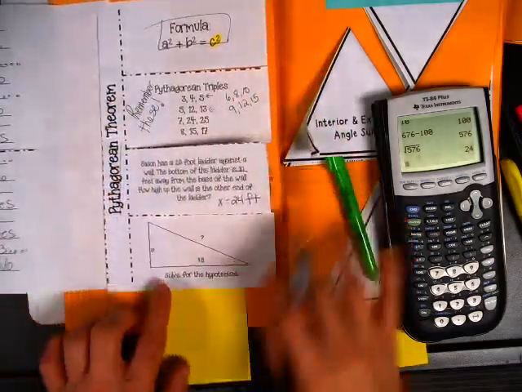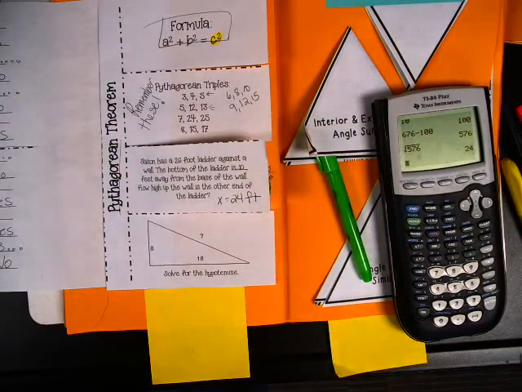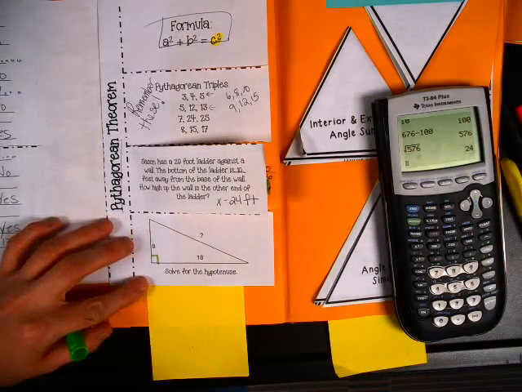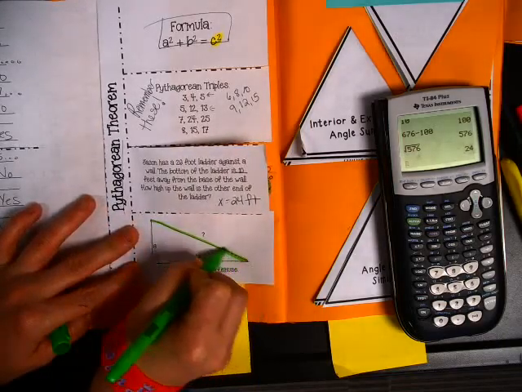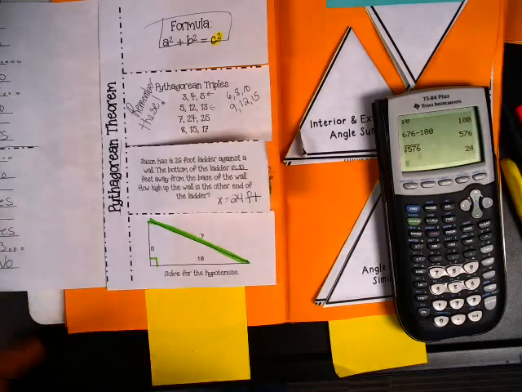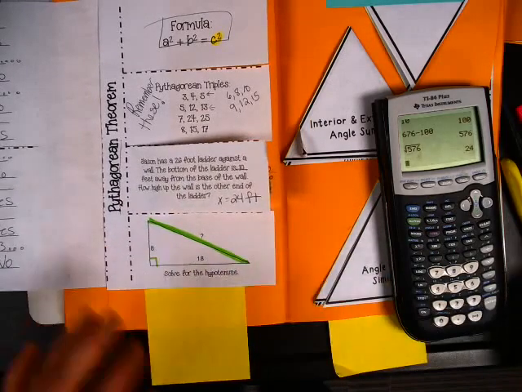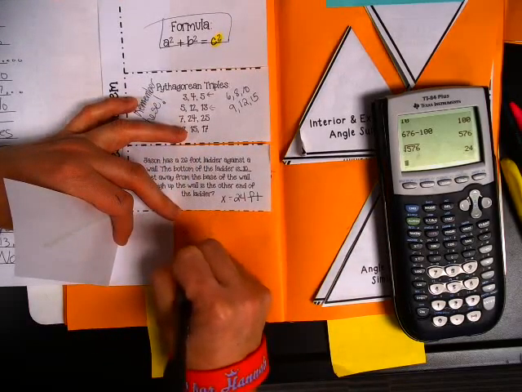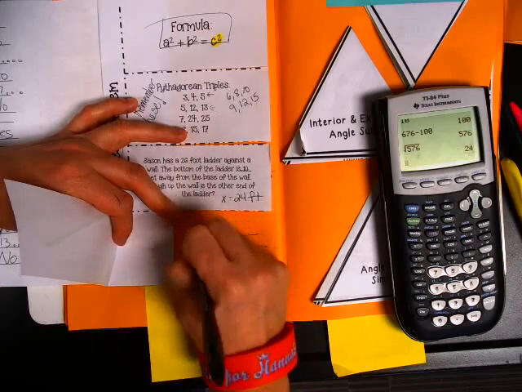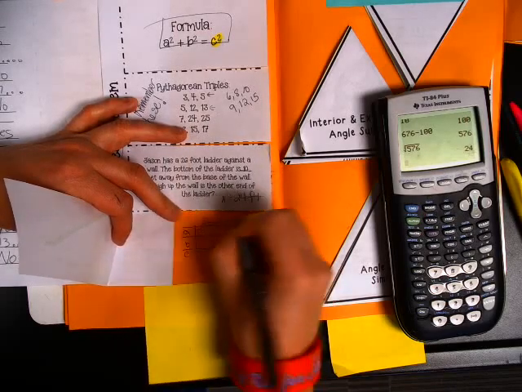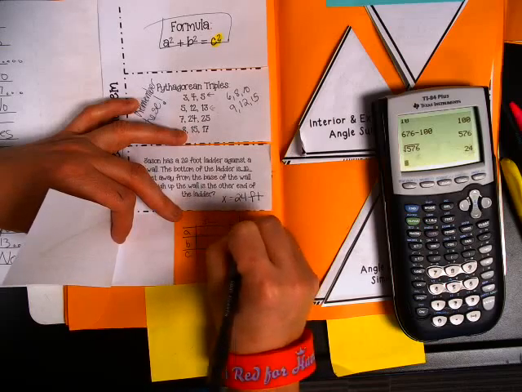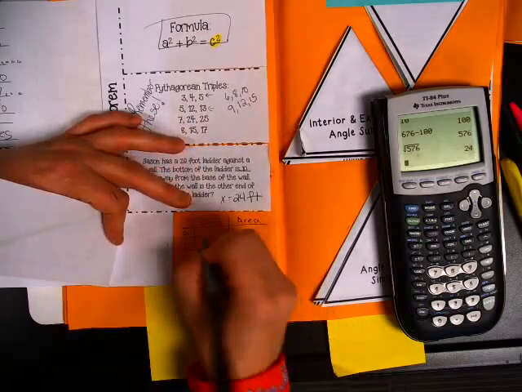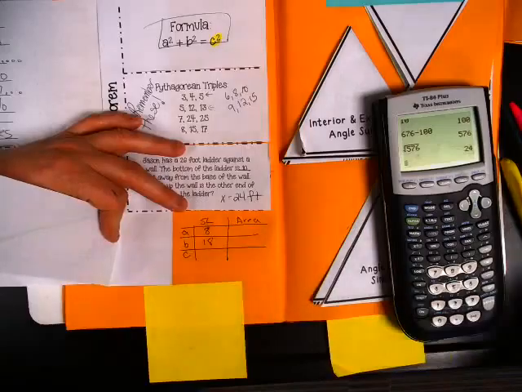Now let's try to solve just a basic problem. Again, you find your right angle, which is right here, and you look for your hypotenuse. In this case, our C is what we don't know. We know A and B. Again, I'm all about the table. So build your table. A, B, C. We know this is 8 and 18.